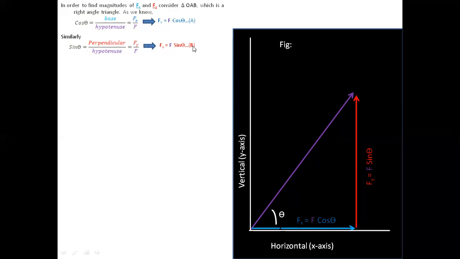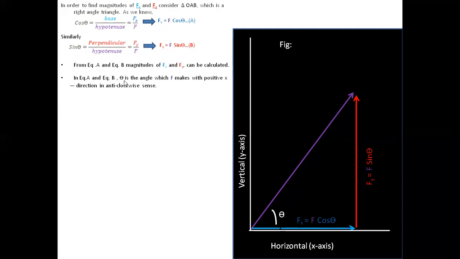Let's call this equation B. Now we have the vertical and horizontal components in equation A and equation B. From them, fx and fy can be calculated, and the angle theta which F makes with the positive x-axis is measured in the anti-clockwise direction.